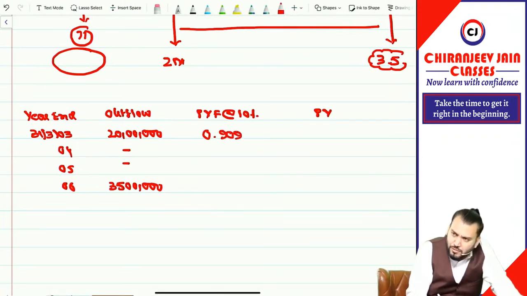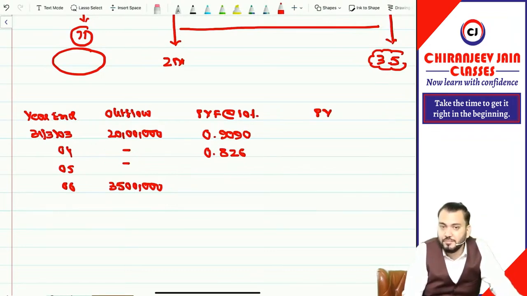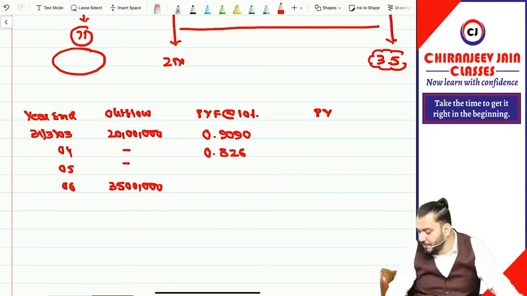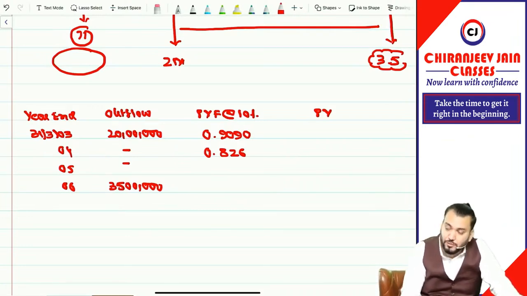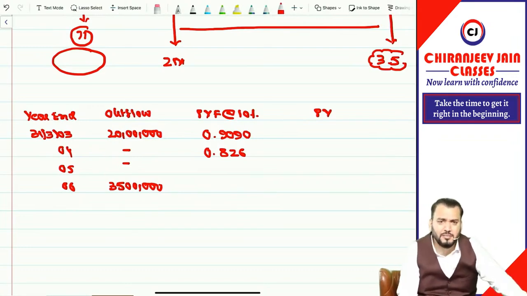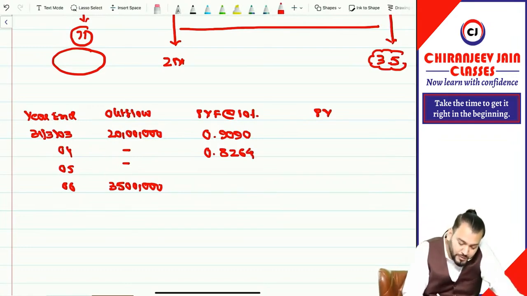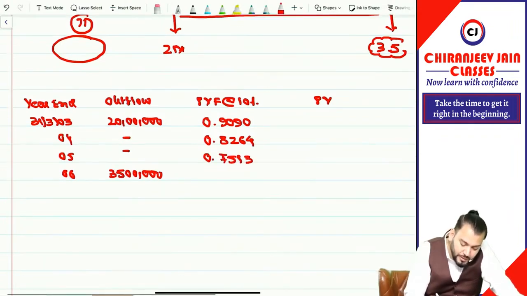0.9090, then 0.8269, then 0.7513, then 0.6830.